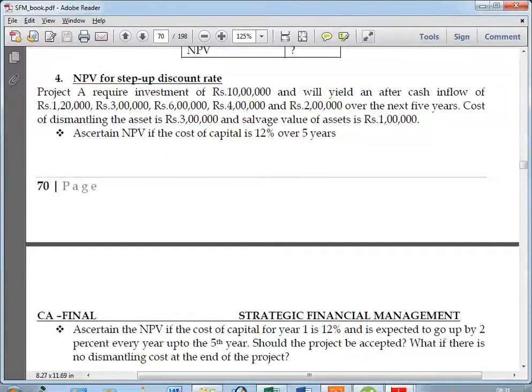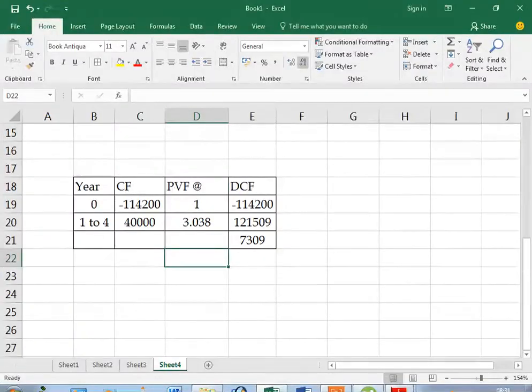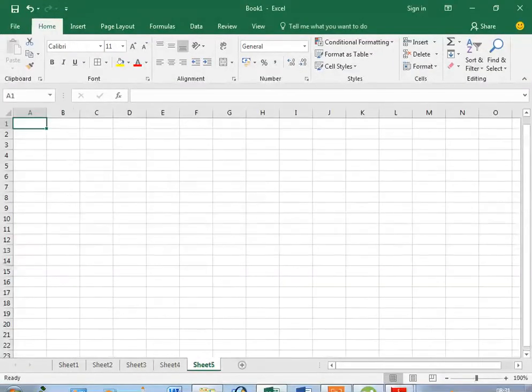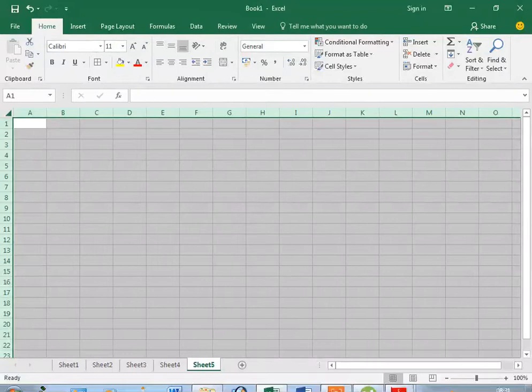We need to calculate the NPV. Then there is a second part, which is step up discount rate. So first let's do the normal NPV. Working note 1, calculation of NPV.